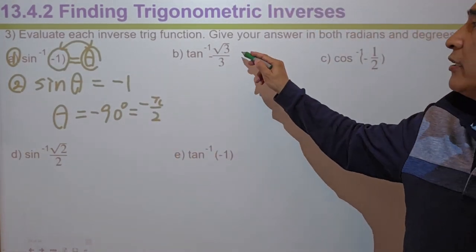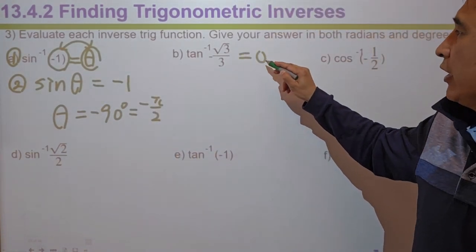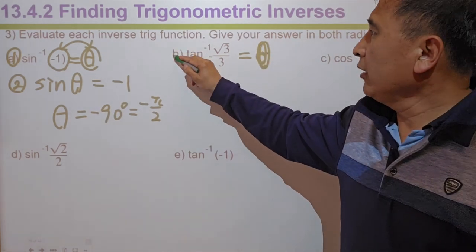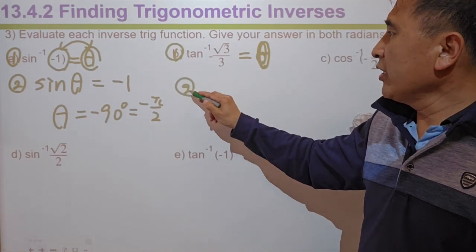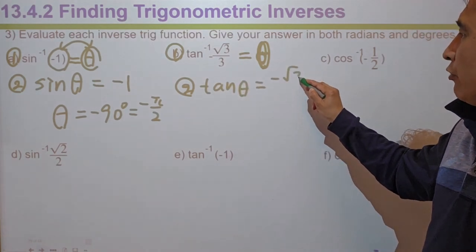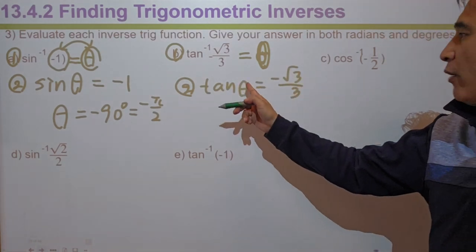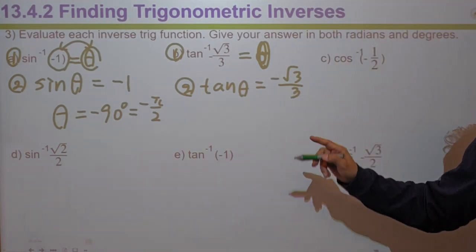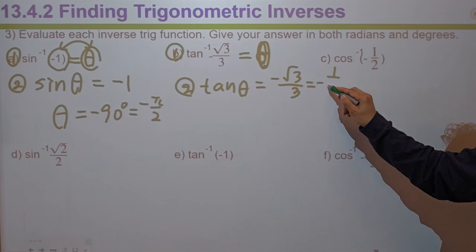And for tangent, same thing: we're asking for the angle, so let's say theta. The second step is tangent theta equals negative root 3 over 3. So what angle has a tangent value of negative root 3 over 3? Do you remember, that's negative 1 over root 3.